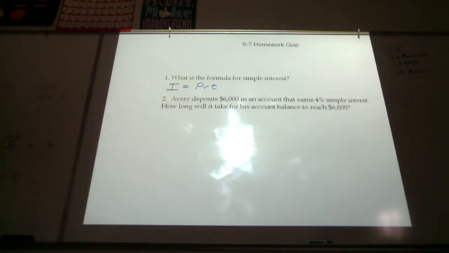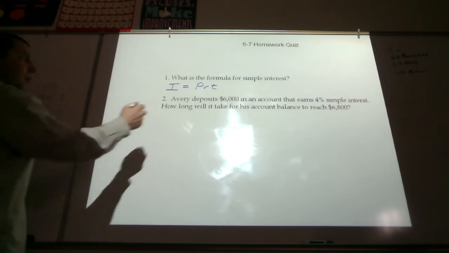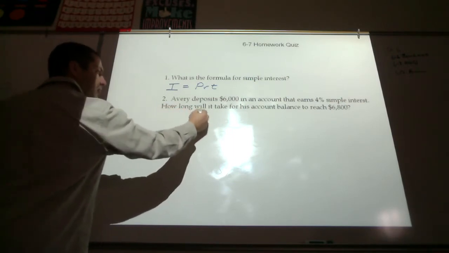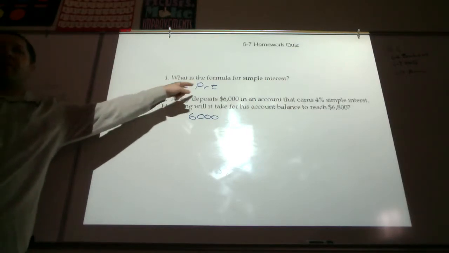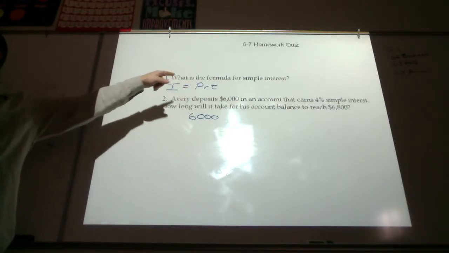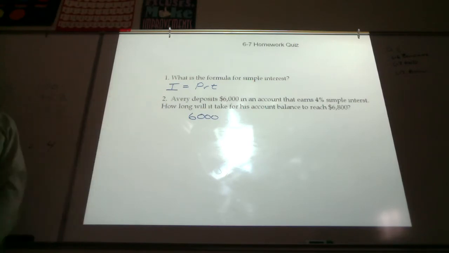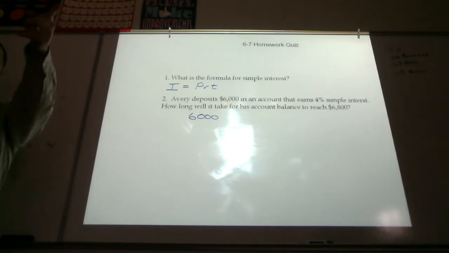So in this case, right now we don't know what the I is yet, but we do know that the principal is $6,000. And it says that it earns 4% simple interest. What is that 4% represented in this up here? Say again? R. 4% is the rate that we get. That's the interest rate. What's 4% as a decimal number? 0.4.